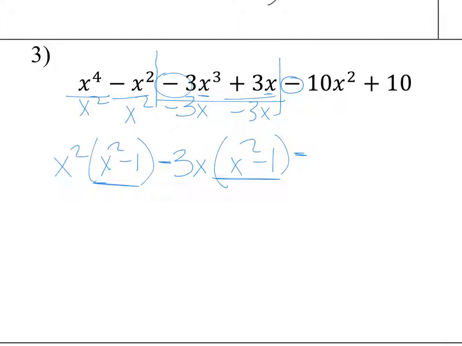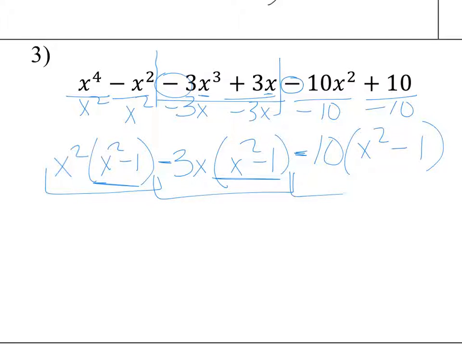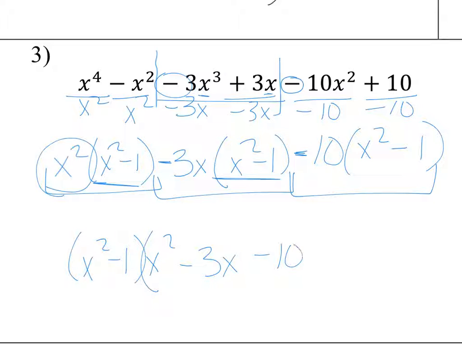Again, another negative. 10 is a GCF, so I'm dividing by negative 10, changing the sign over here. Now we have 3 terms with a common factor of x squared minus 1, and then what's left over is what's left in front: x squared minus 3x minus 10.